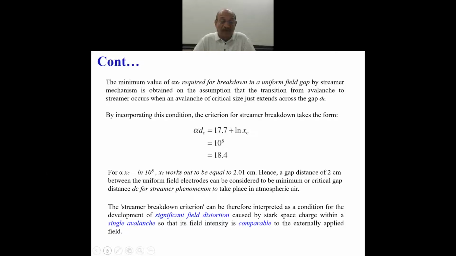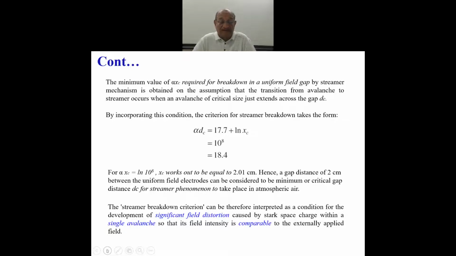So the minimum value of alpha xc required for breakdown in a uniform field gap by streamer mechanism is obtained on the assumption that the transition from avalanche to streamer process occurs when an avalanche of critical size just extends across the gap distance.